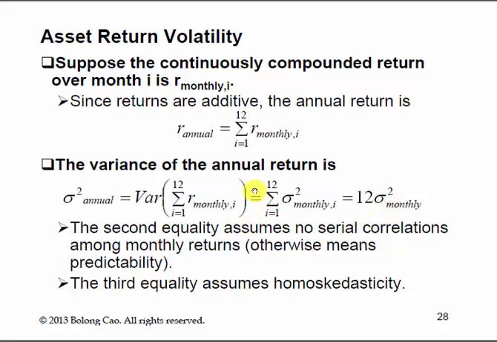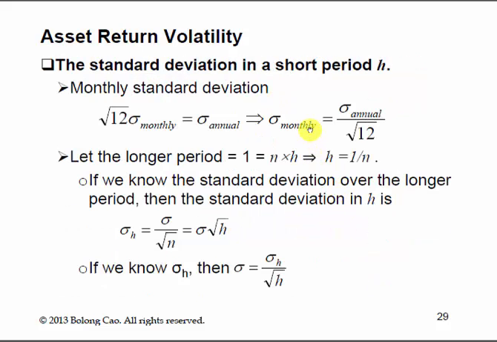So the second equality assumes no serial correlation. The third equality assumes so-called homoscedasticity, meaning that every monthly return variance is the same number. Okay.